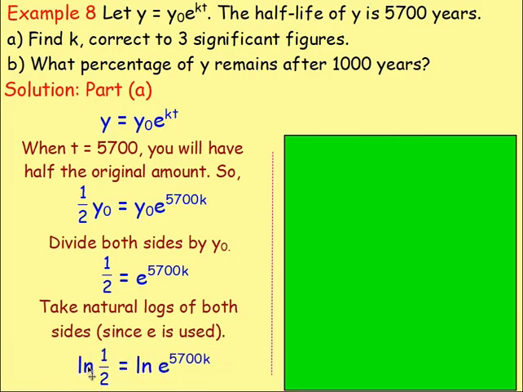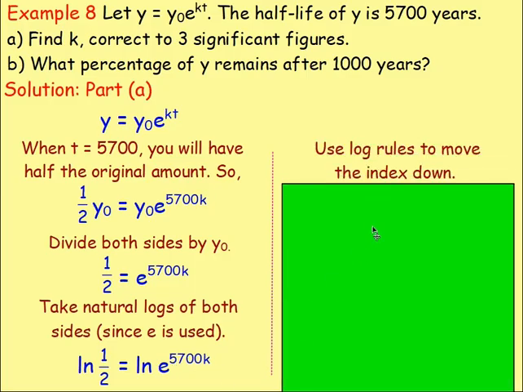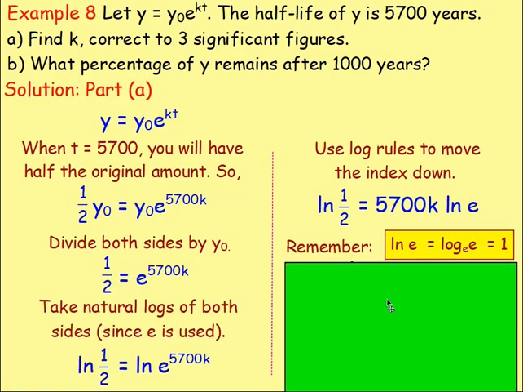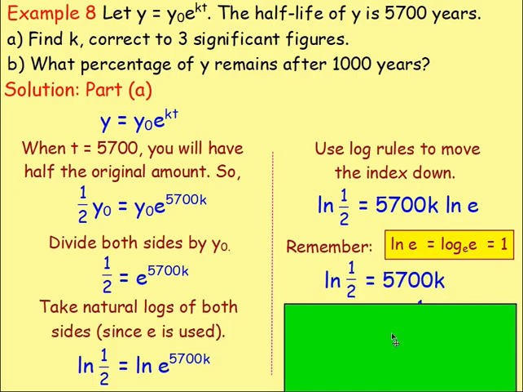If you do that, we'll have ln 1/2 equals ln e to the power of 5,700k. From there, we can use our log rules to move that index down. So move the 5,700k down in front of ln e. And remember, ln e equals 1! Good, so you can replace that with 1, leaving you with ln 1/2 equals 5,700k.